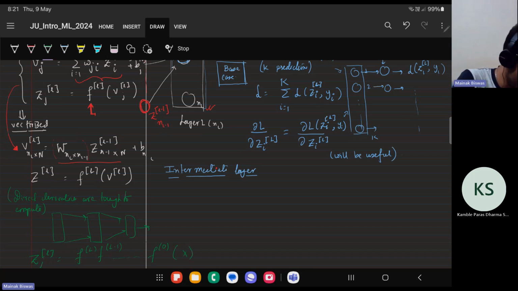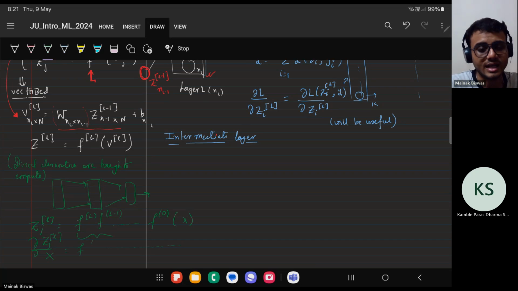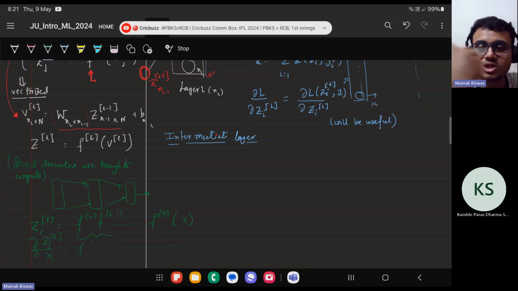If you take the derivative of the loss with respect to these features x, you will have this chain rule where you get f-prime and so on, a continuous chain rule. And since we saw in the last class, this is also going to branch out.